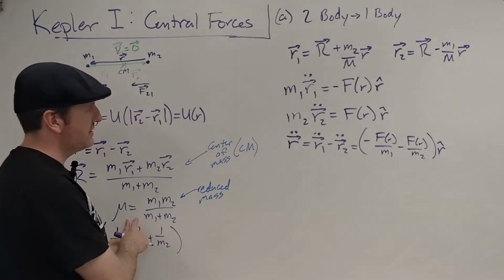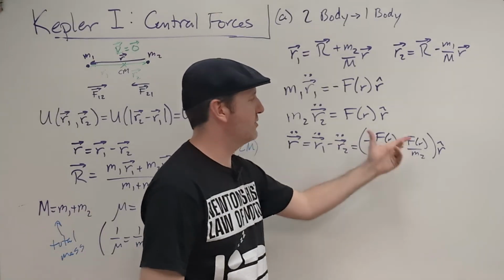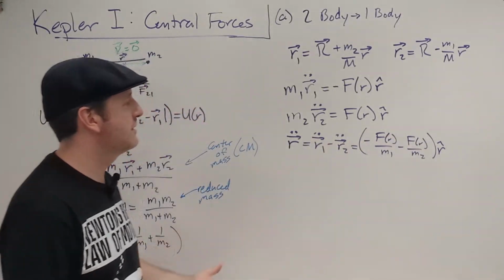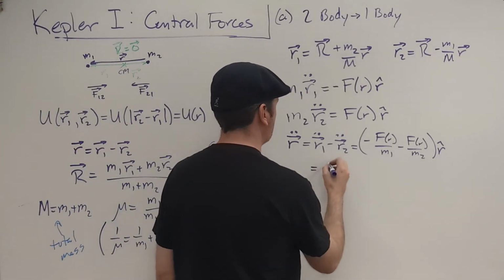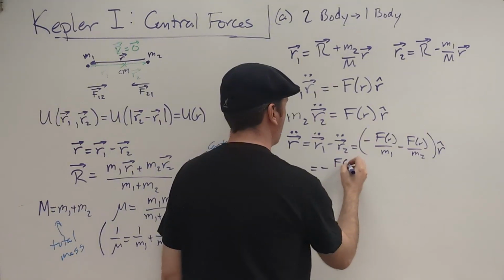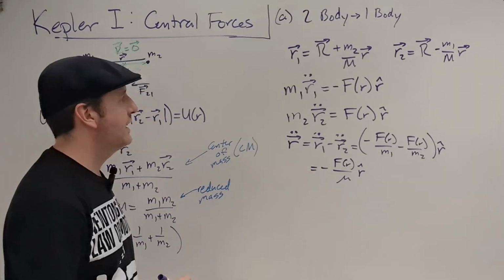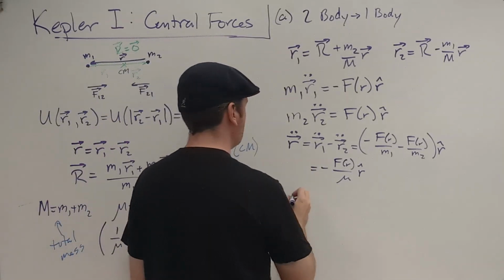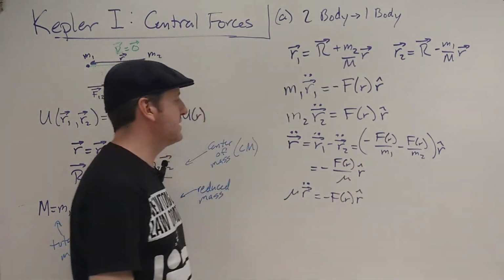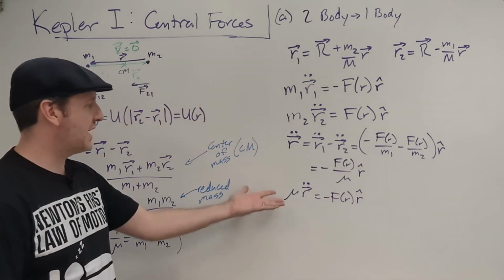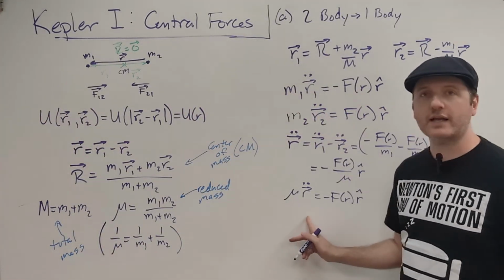Let's now invoke this idea of the reduced mass, because 1 over m1 plus 1 over m2, when I factor the negative f out of both terms, is 1 over mu. So this is negative f of r over mu times r hat. And then multiplying the mu over, we end up with this second order differential equation, but it looks a lot like Newton's second law.